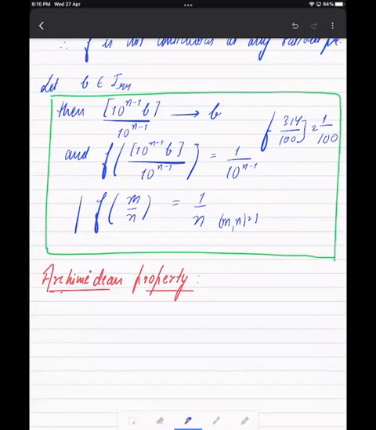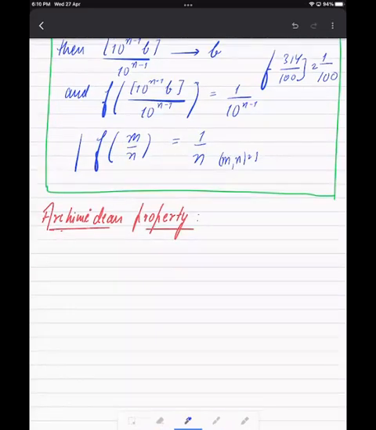Okay, the Archimedean property. It says, let A belong to the real numbers. A belongs to the positive real numbers, and B belongs to any real number.